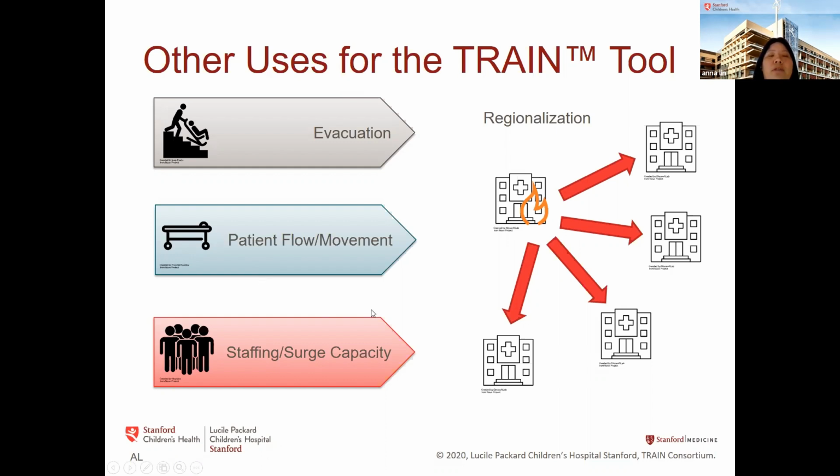And then the most recent use of the Train tool that we've tried is planning for a surge on our hospital within the pandemic. And what we've come to realize is that although it doesn't 100% track, the majority of the time we're able to assess the acuity of a patient based on the tool's categorization.